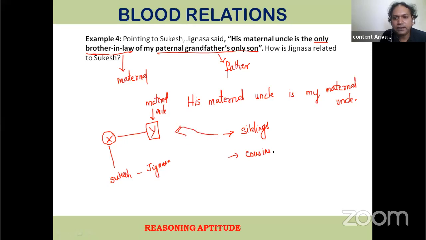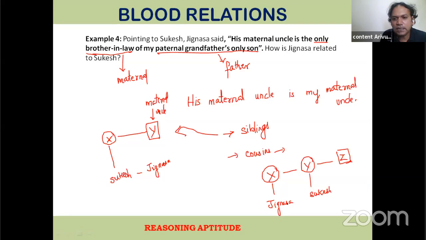Now, how can they be cousins? Please understand. Suppose X and Y are two sisters and they have one brother, Z. X's daughter is Jignasa, let's say, and Y's son is Sukesh.